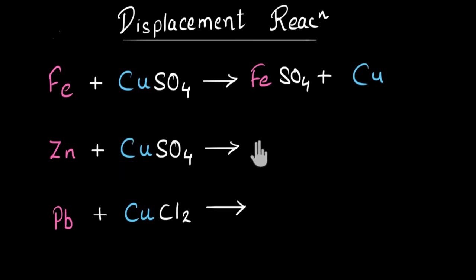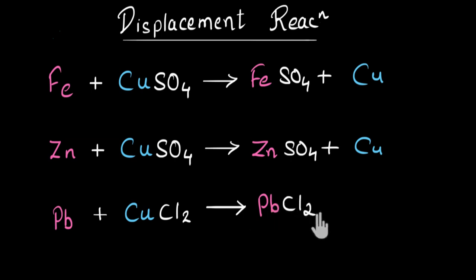And finally we will get zinc sulfate plus copper atom. And similarly here lead is going to displace copper and form lead chloride, PbCl2. And along with this, copper atom will be displaced.